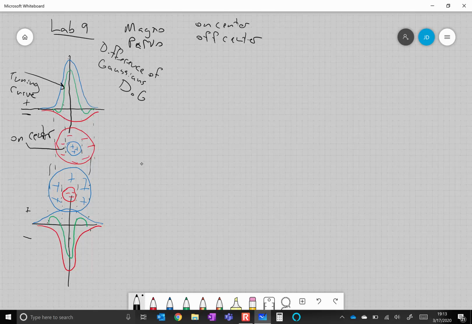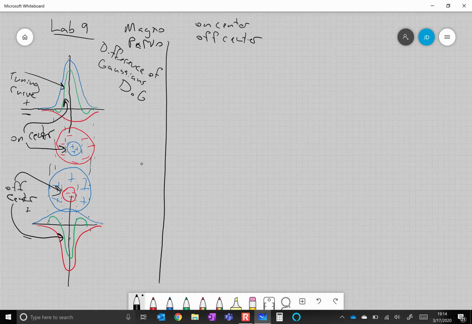And again, we can determine that by either drawing that receptive field or simply looking at the tuning curve, and we get the same idea down here. We see it's off-center, an inhibitory center, or just look at that difference of Gaussians. And you can see that it goes below the x-axis, and so that makes it inhibitory.